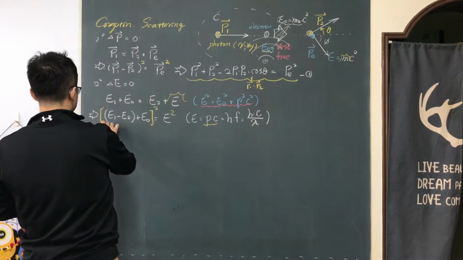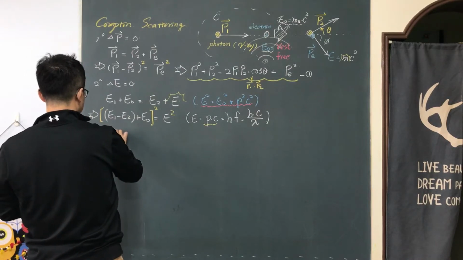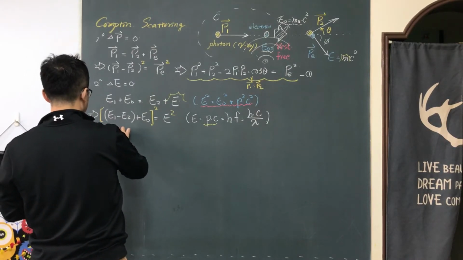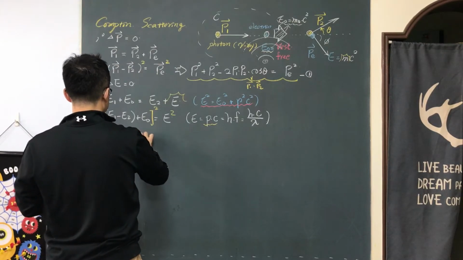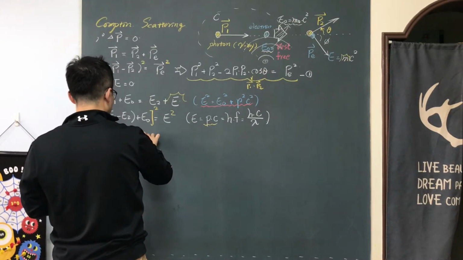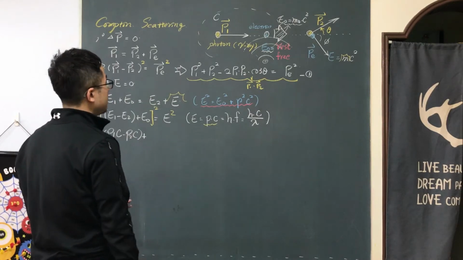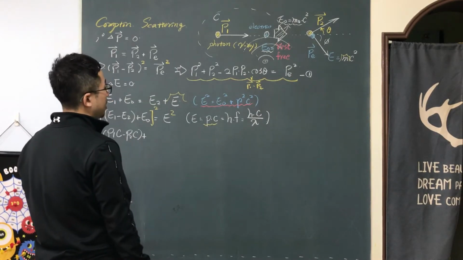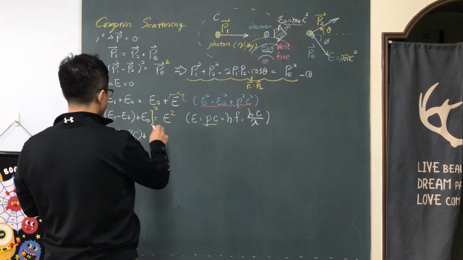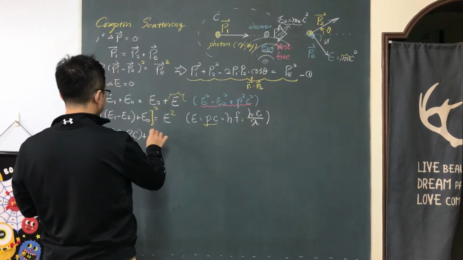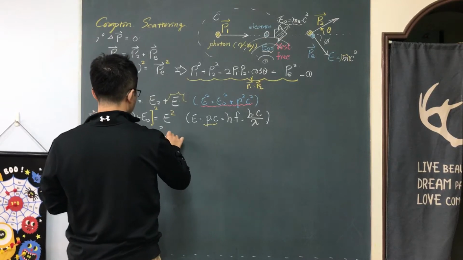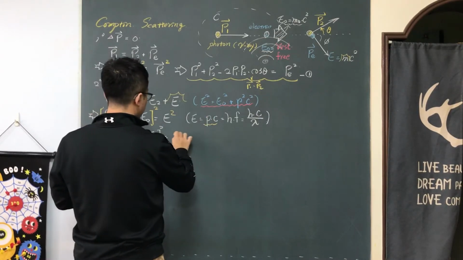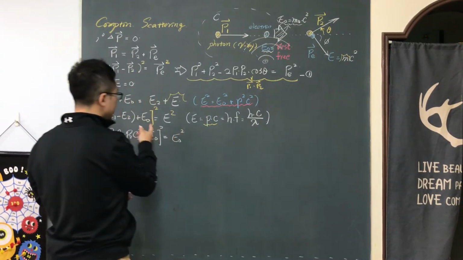So now it is P1 times C minus P2 times C plus E naught, the rest mass energy. Okay, just leave it as E naught, squared, equals E squared, which is equal to E naught squared.